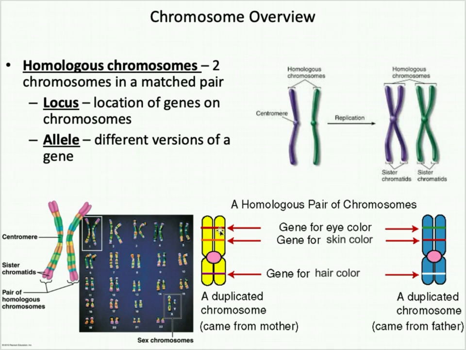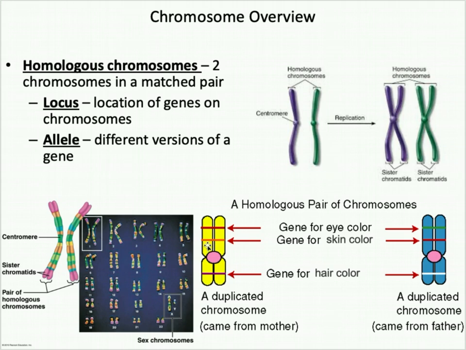For example, we can have the allele for brown eye color, and that can come from your mom. And then from your dad, you have on the same locus the gene for eye color, but it may be for blue eyes. So we say that the father has the allele for blue eyes.